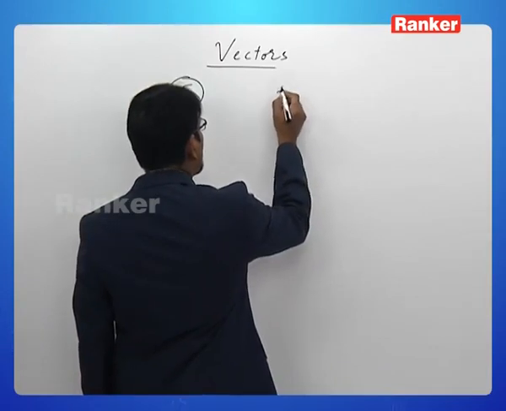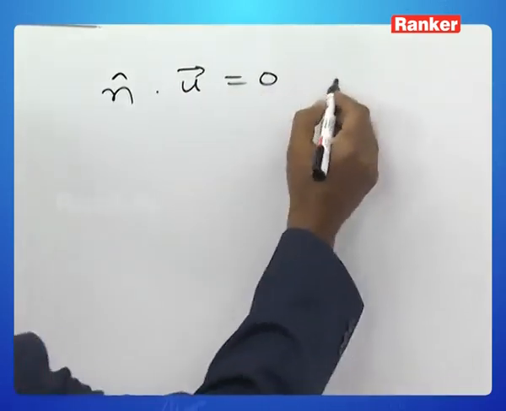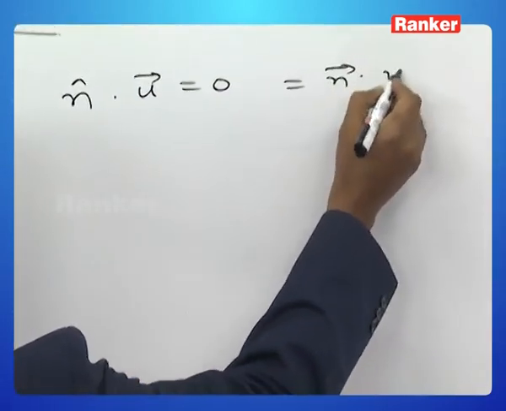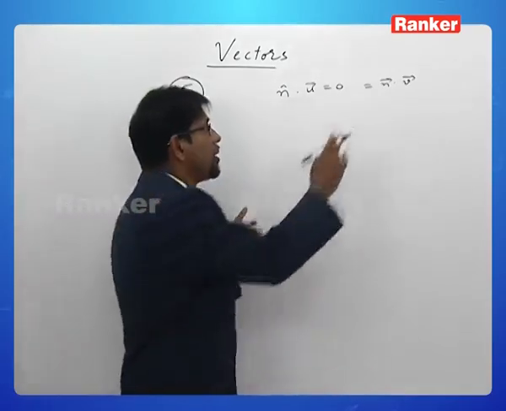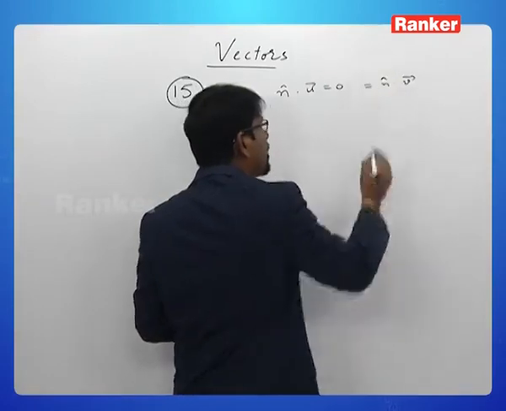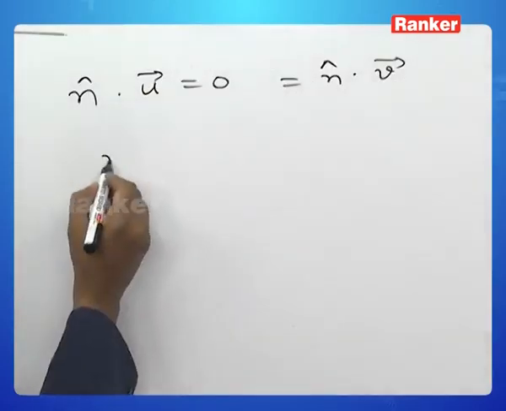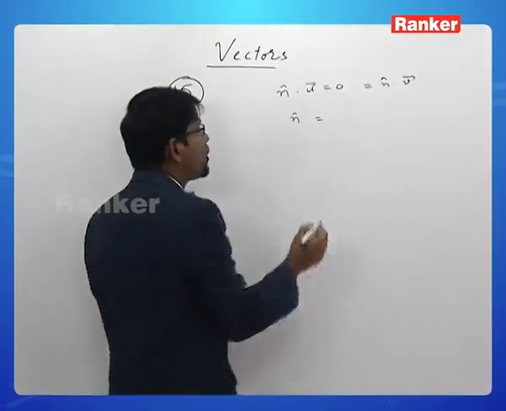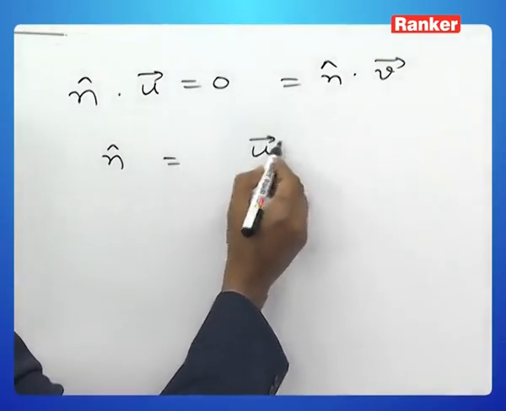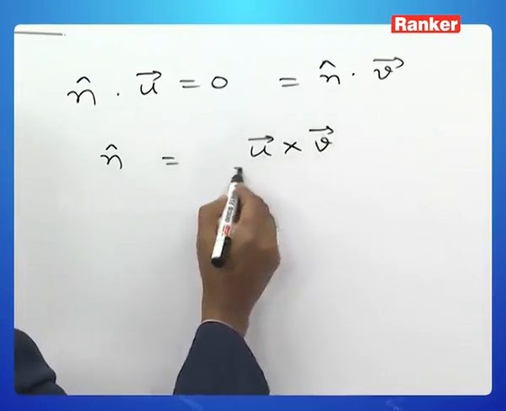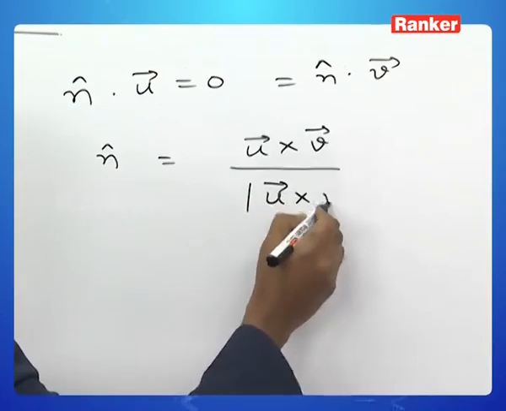We are given that n cap dot u bar is 0 and so is n cap dot v bar. That means n cap is perpendicular to both u bar and v bar. So that means n cap must be parallel to u cross v. So we will take the cross product of u and v, but it says it's a unit vector, so you'll have to divide by the magnitude.